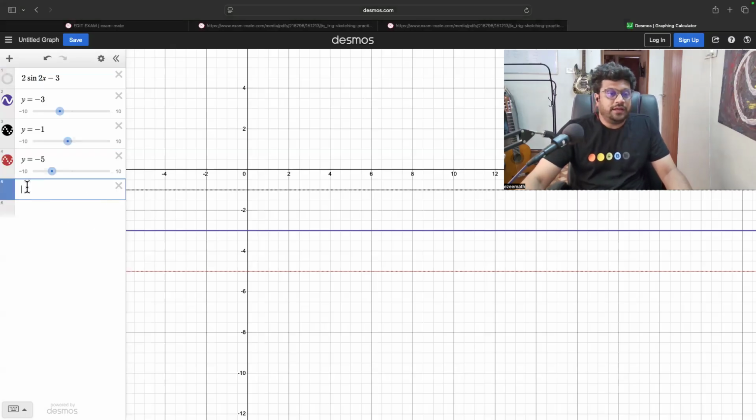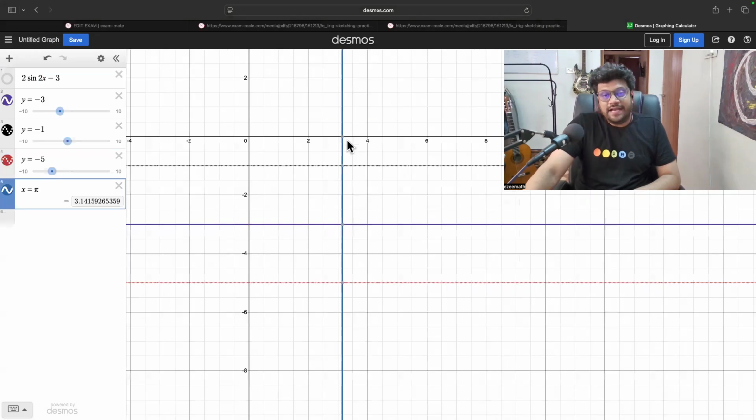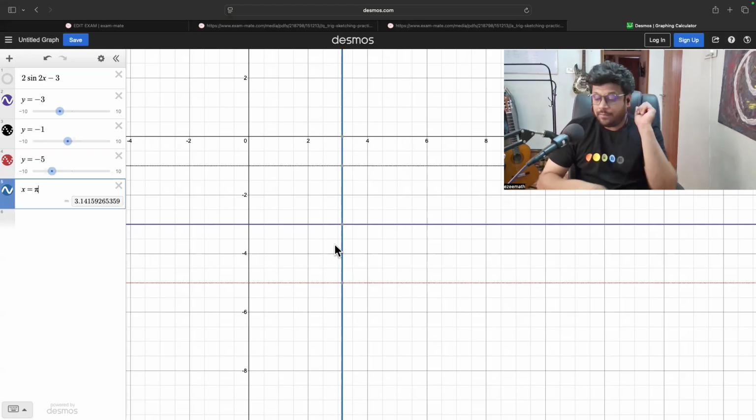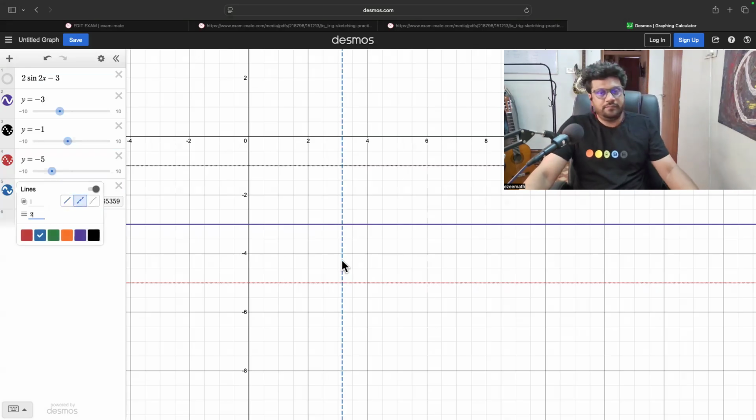What I do is I draw a vertical line at x equal to pi. There. Now that indicates the length along which one wave that I'm going to draw is going to stretch. Now I'm going to make this a little lighter again.